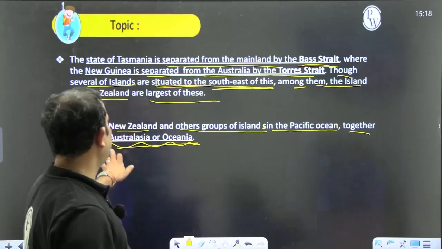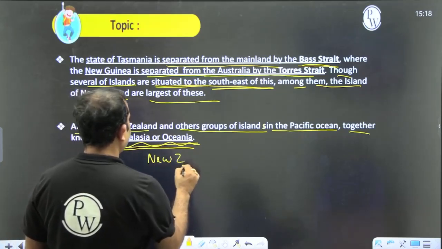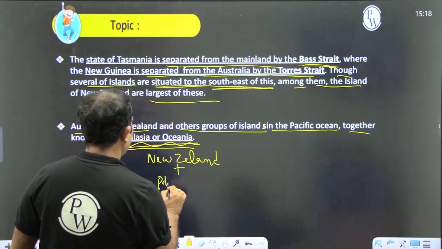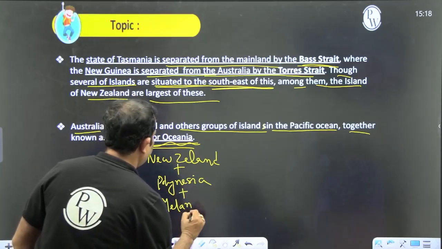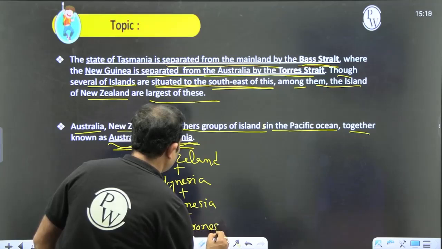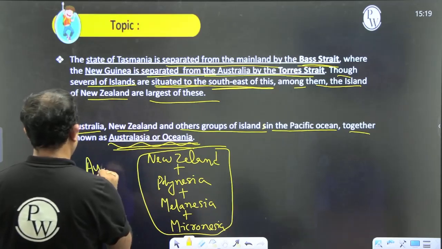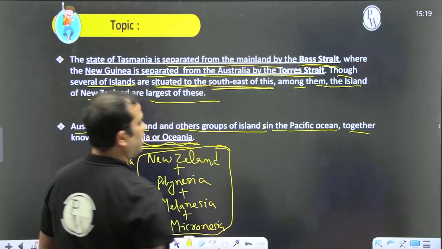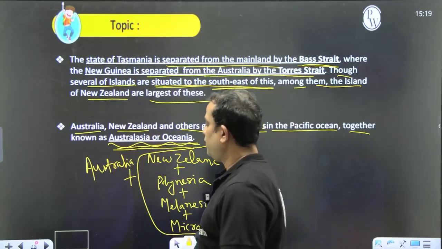Australia and the group of islands together, the whole, is called Oceania. I hope it is clear. Next.